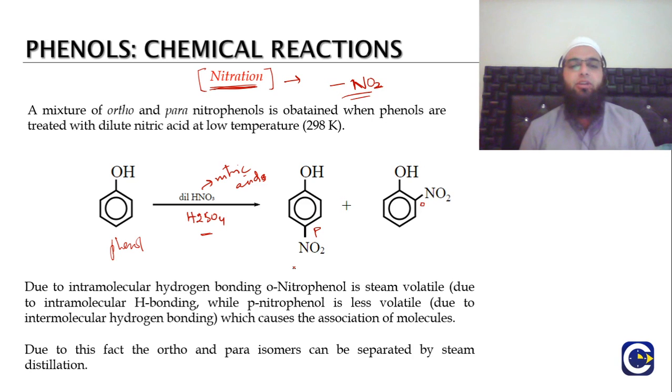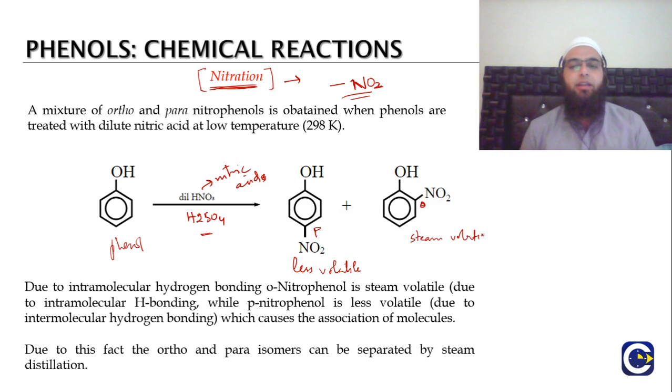As a result, this becomes less volatile. The ortho compound is going to form intramolecular hydrogen bonding, hydrogen bonding within the molecule, with the nitro group. As a result, this becomes more volatile, and rather we can say it is steam volatile.